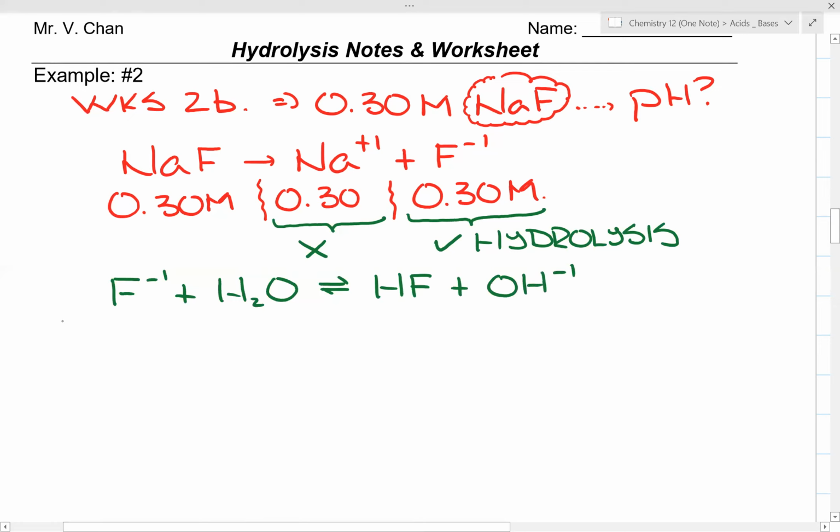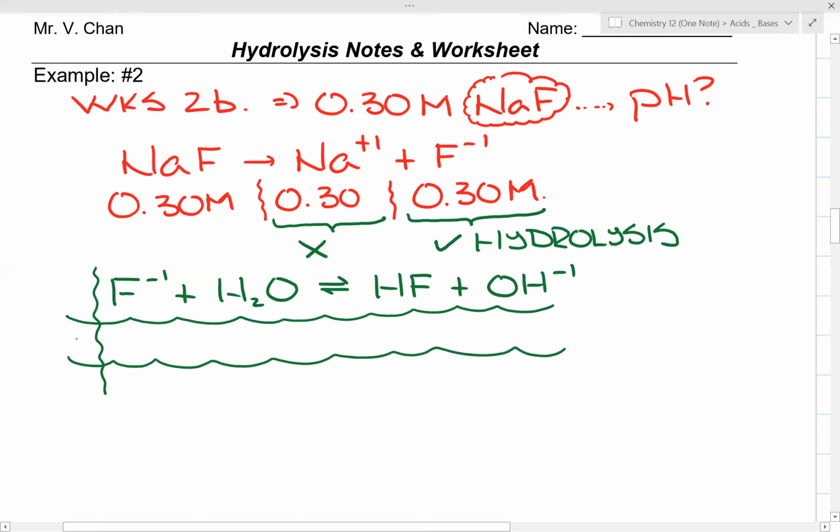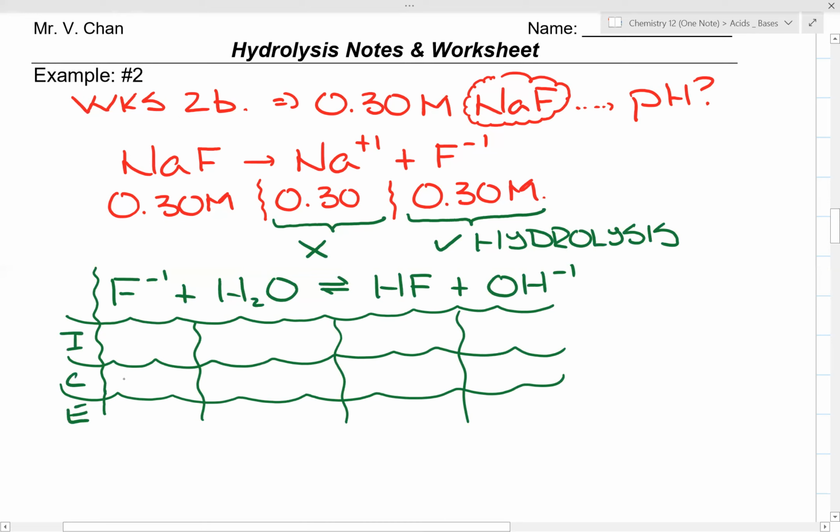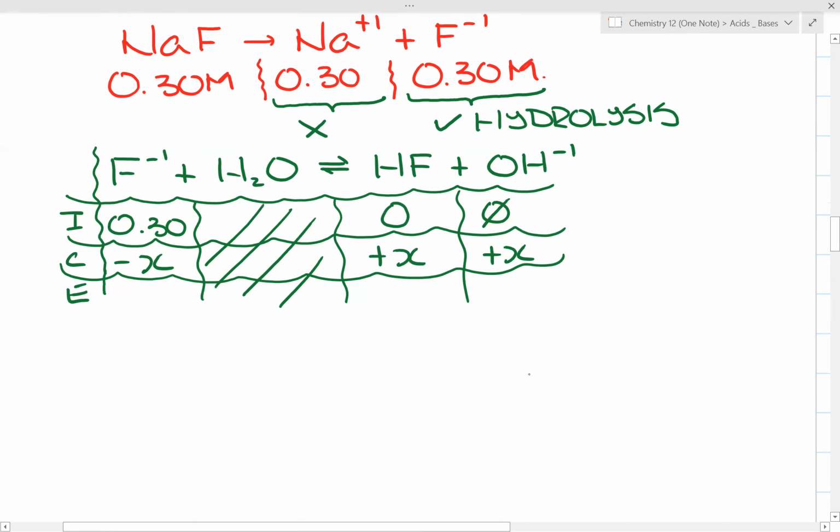And since I'm calculating pH, again, you're going to need to set up your ICE tables. So if you have your ICE, you have 0.030, 0, 0, minus x, plus x, plus x.